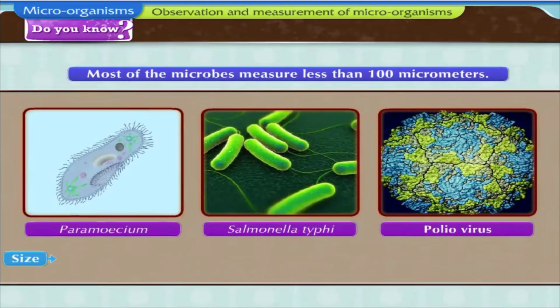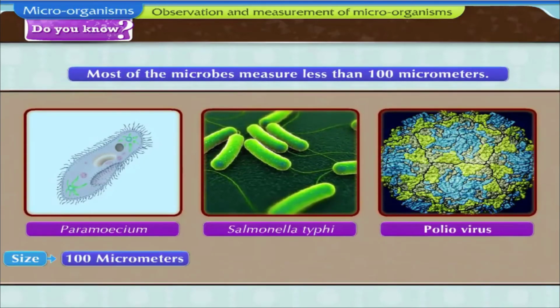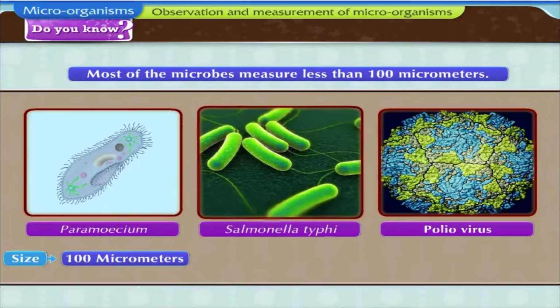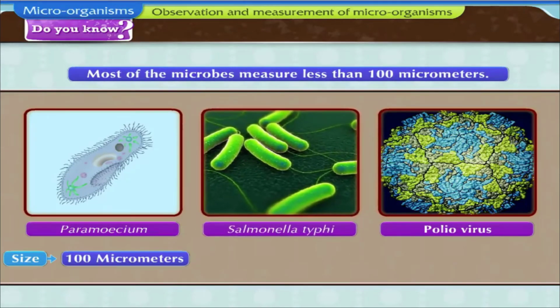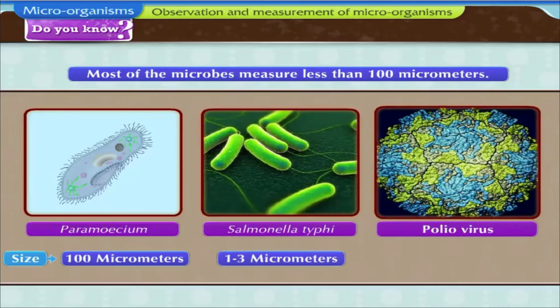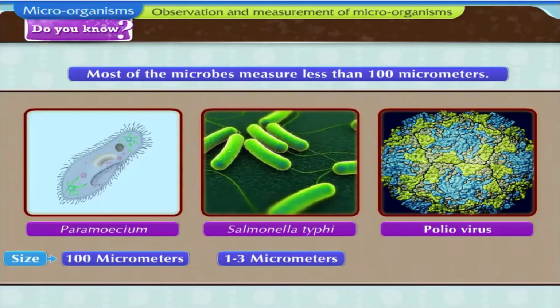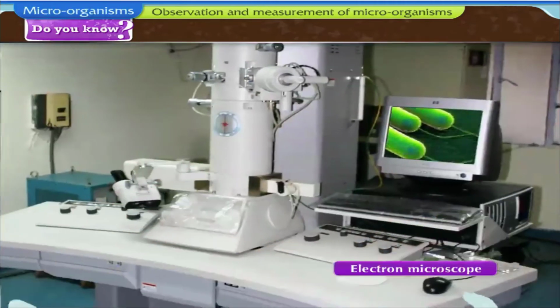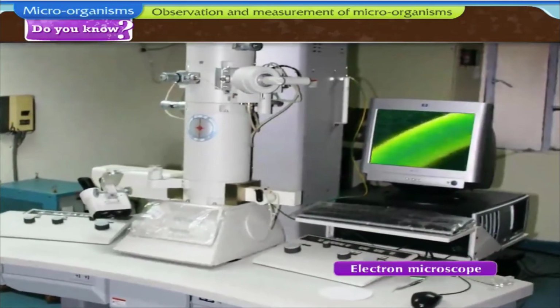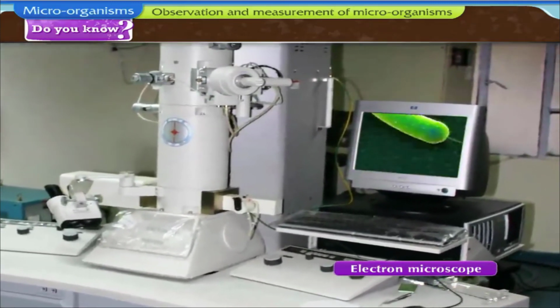For example, the size of paramecium is about 100 micrometers, while the bacterium of typhoid measures only 1 to 3 micrometers. Poliovirus is very small in size and measures only 28 nanometers. If a magnification of 1000x proves to be insufficient, then electron microscope is used to observe the microorganisms.